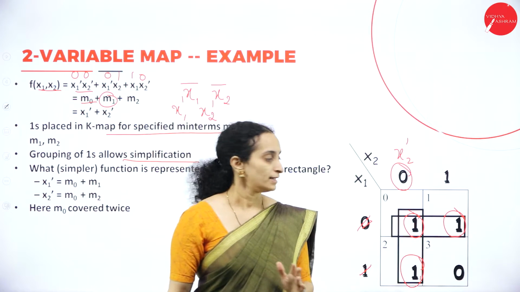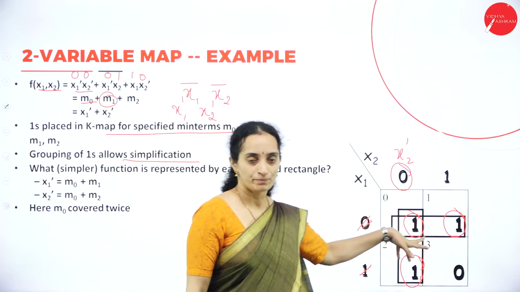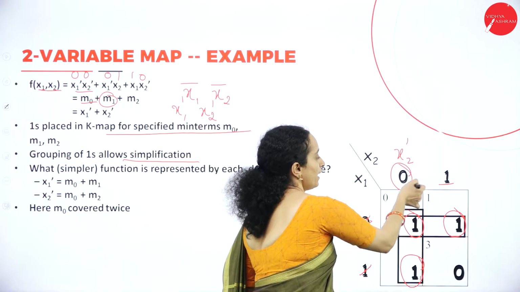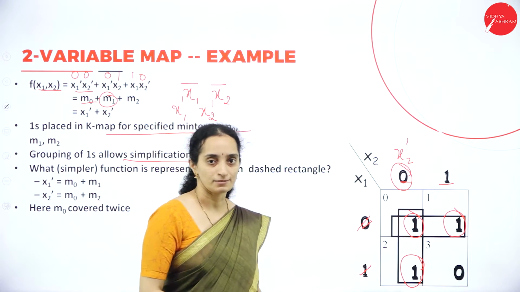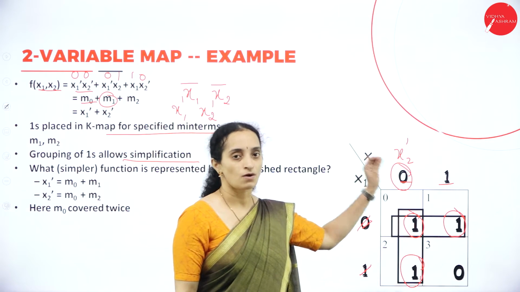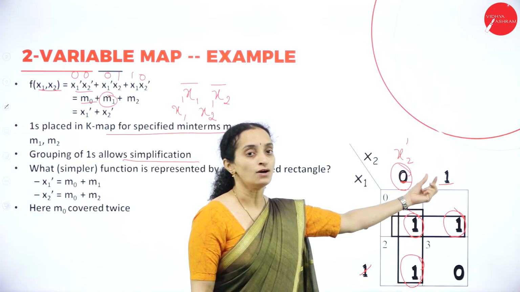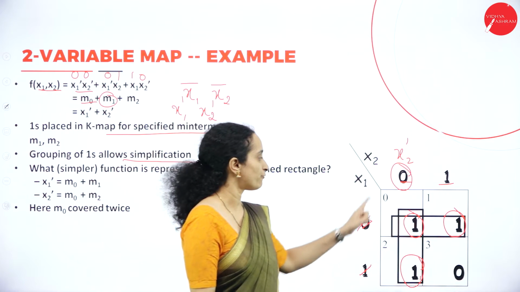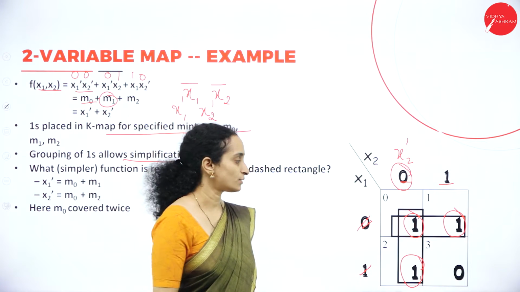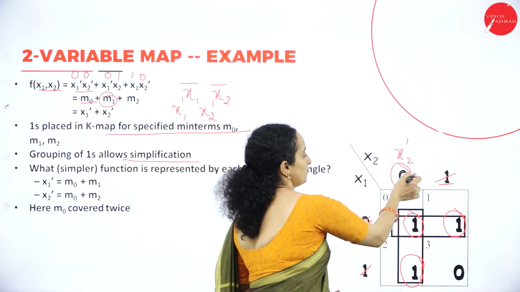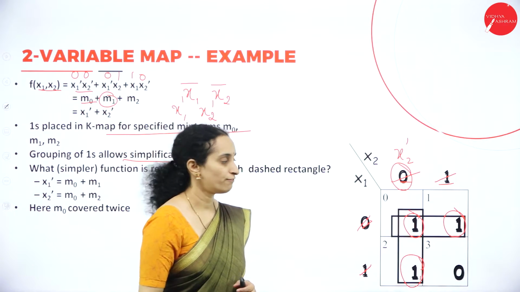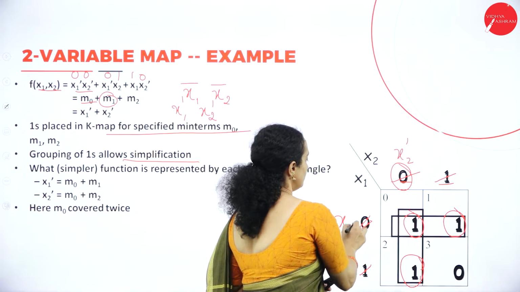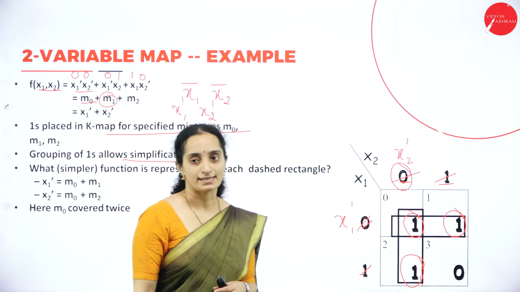When you take the other group, here x2 is changing state. It is not constant; you have the complement and non-complement form of x2 in this group, so we cancel the x2 variable. Now in this group we have x1 dash.